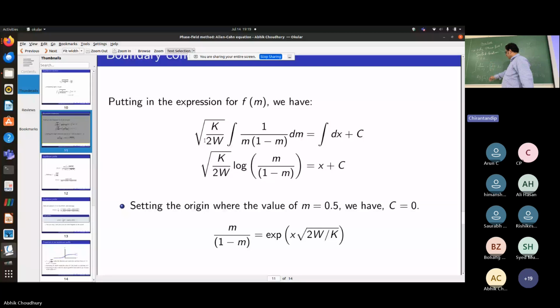There's a point where I'm putting the limits of integration. I don't know why it's not there.